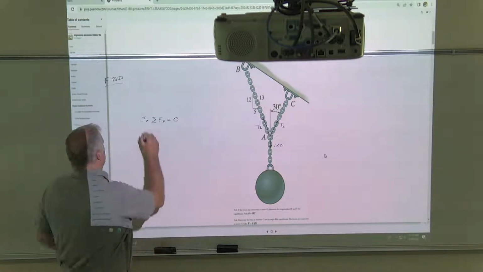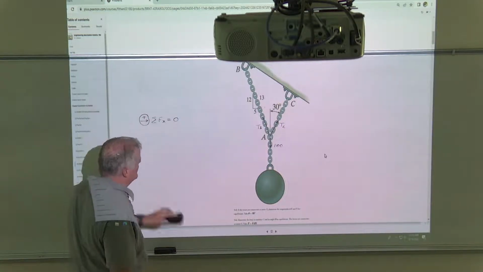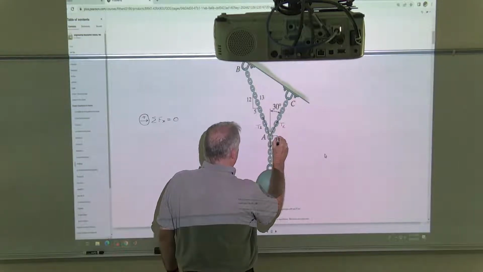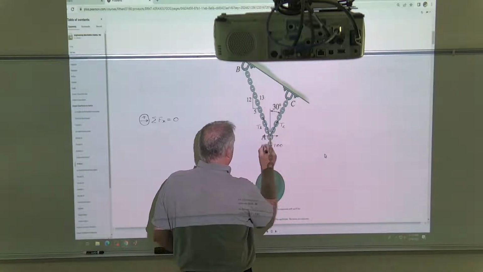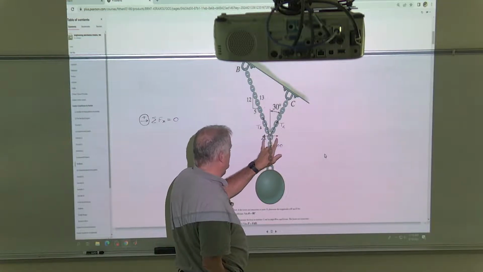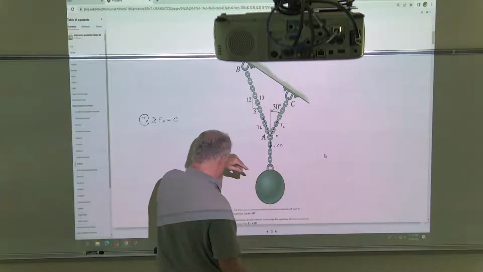I'll pick that one. Now, what I gotta do is break this into components. I gotta take the component here and the component here of this TB and this TC, and they obviously have to be the same, or else the thing's gonna be moving, you know?